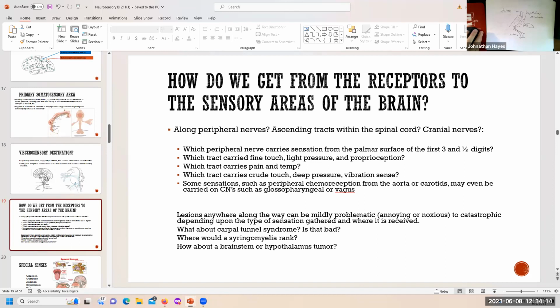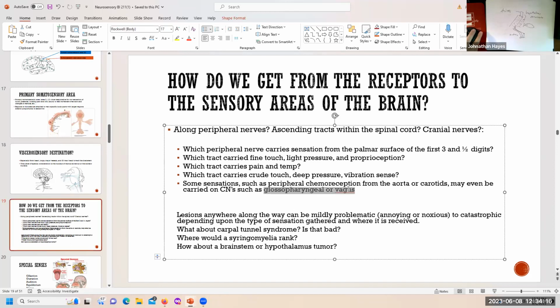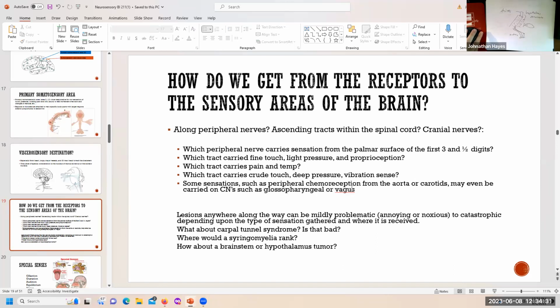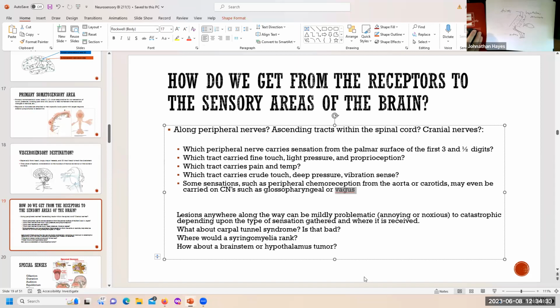Like cranial nerve 9 and 10 actually pick up a lot of information from your internal organs. Sometimes when we're picking up distension in the aorta or distension in the carotid arteries, sometimes glossopharyngeal picks that up. Sometimes vagus can pick that up. And then our response usually gets carried along vagus, if we sometimes have a response in the parasympathetic nature. So we'll talk about that next week, obviously.